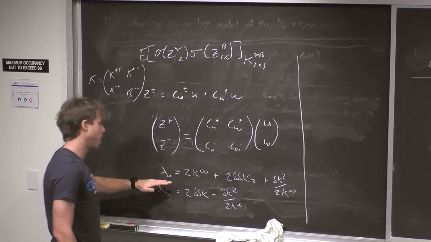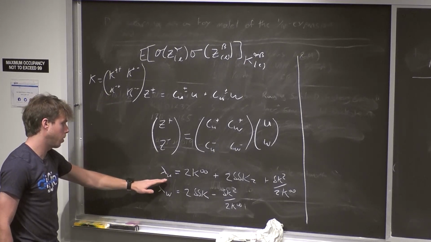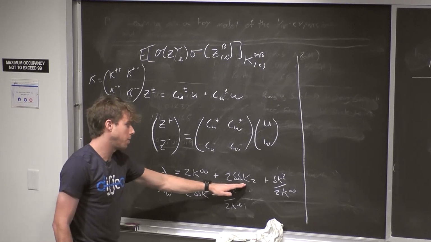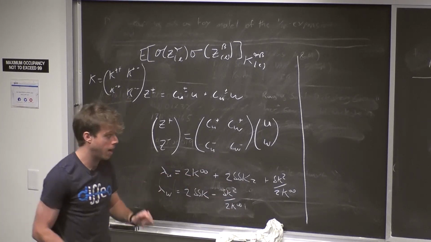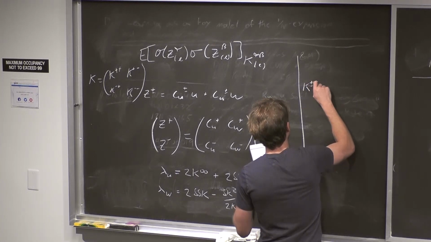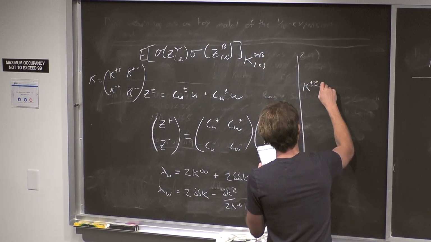And now I'm telling you that in these new coordinates, the eigenvalue of this k matrix for u is given by this expression, and for w is given by this expression. I haven't defined what these deltas are yet. These deltas essentially give you the first order and second order perturbations of the kernel.